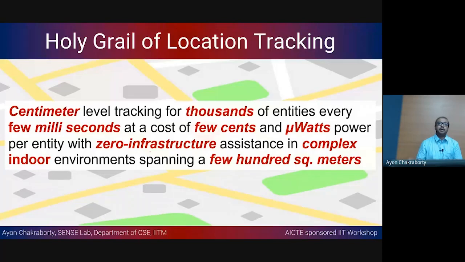And the power consumption per entity is also very low, like microwatts, with zero infrastructure assistance. You don't want to deploy a lot of infrastructure in that area just to make it location enabled.